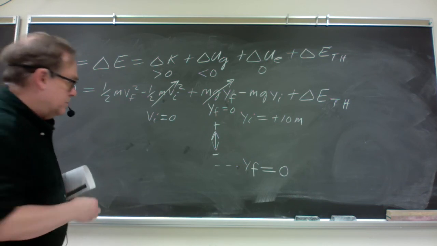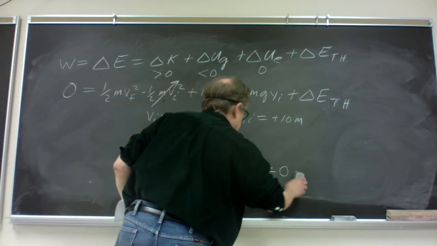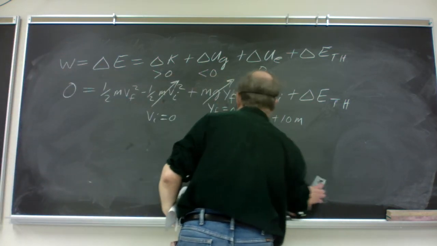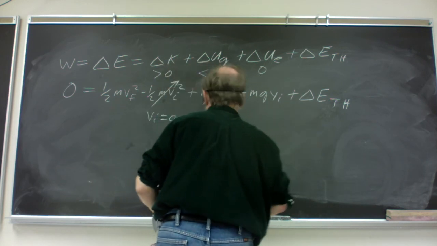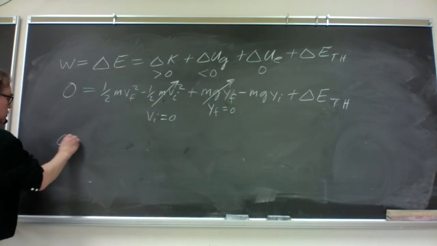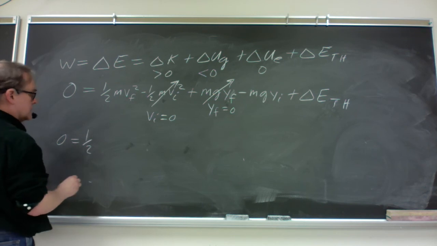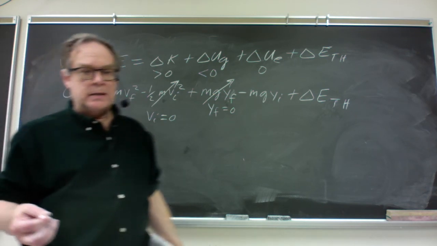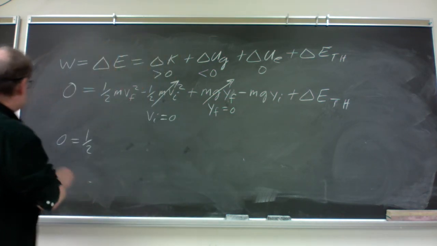Now let's put in the numbers. Zero equals 1/2 mass. Let's say the firefighter's mass is 80 kilograms.